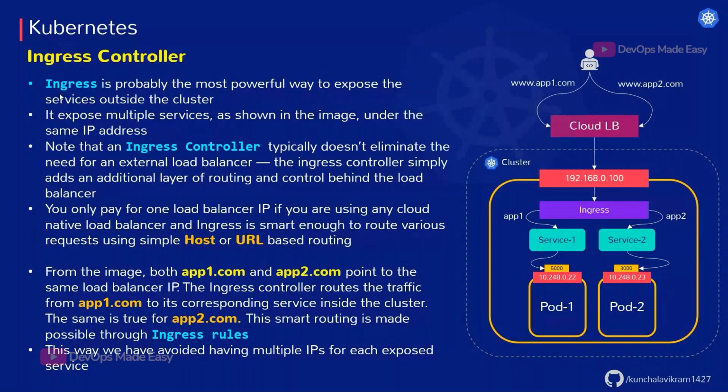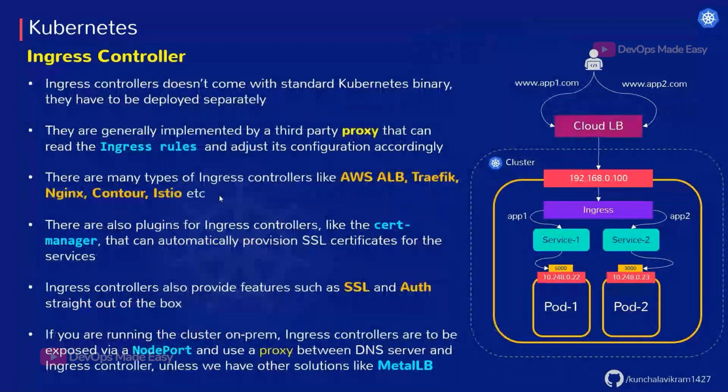These ingress rules will be read by your ingress controller, and then the ingress controller will change its configuration depending upon the ingress objects. Whenever you update an ingress or create new ingress resources, the controllers will automatically read them and configure them.